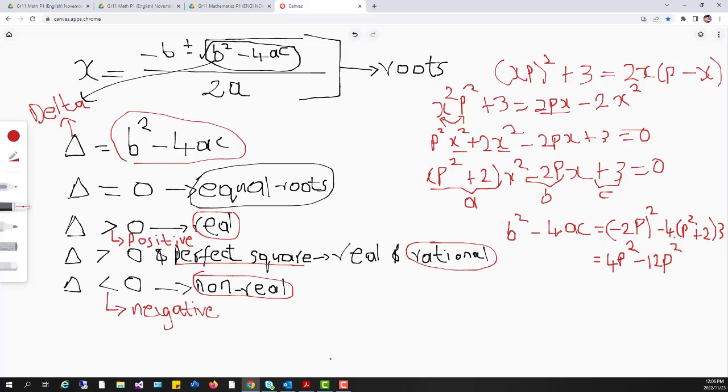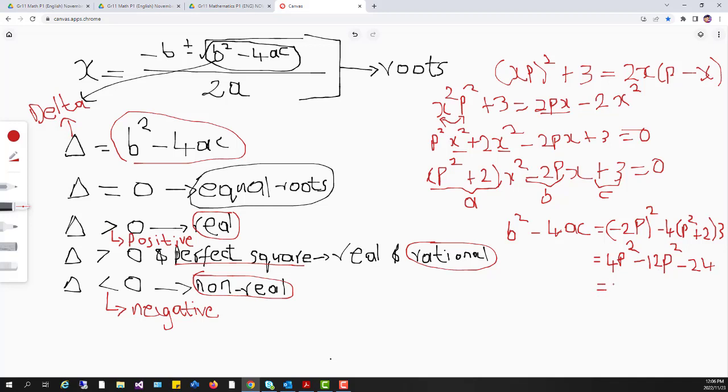And lastly, we have minus 4 times that 3 again, it's minus 12. And then that minus 12 times this 2, it's going to give us minus 24. We have like terms p squared.